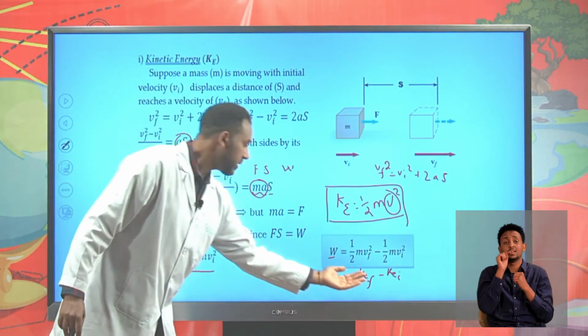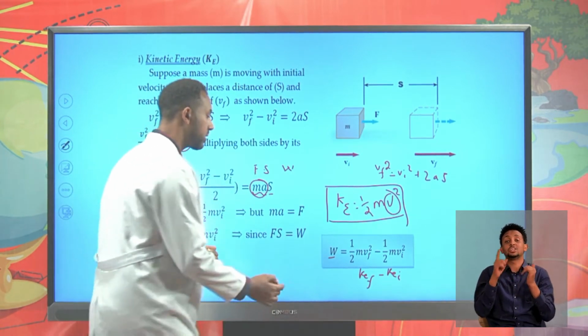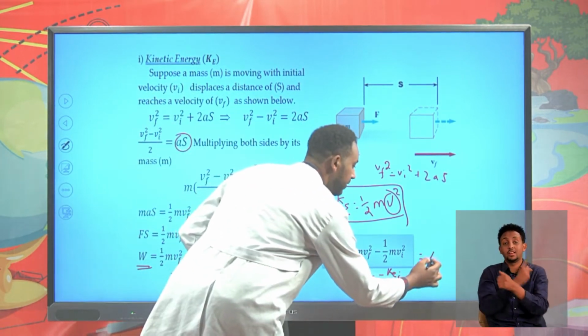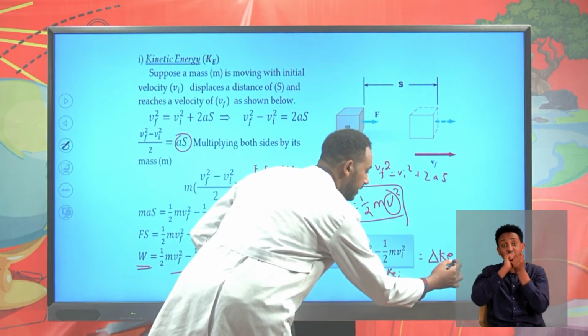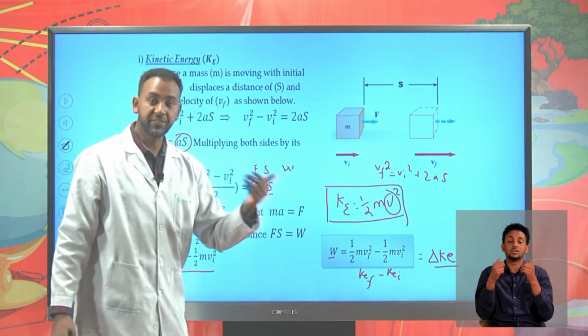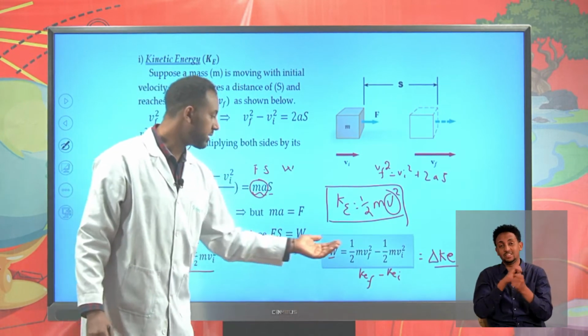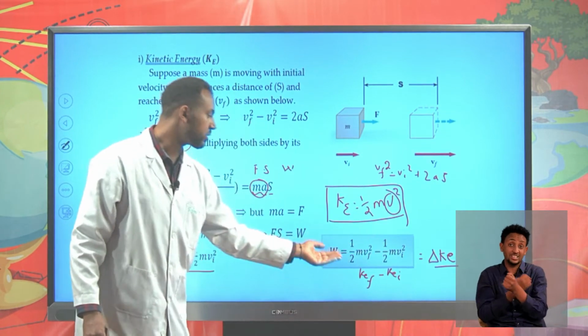Here, the final kinetic energy minus the initial kinetic energy is the change of kinetic energy. It's possible to rewrite this as the change of kinetic energy. Work can be associated with a difference in energy. The difference in energy due to motion is kinetic energy. The change of kinetic energy is equal to work.